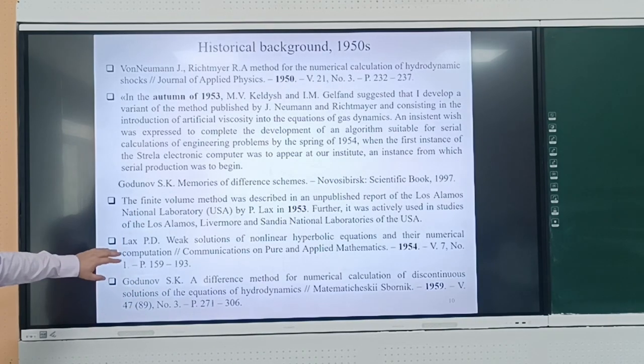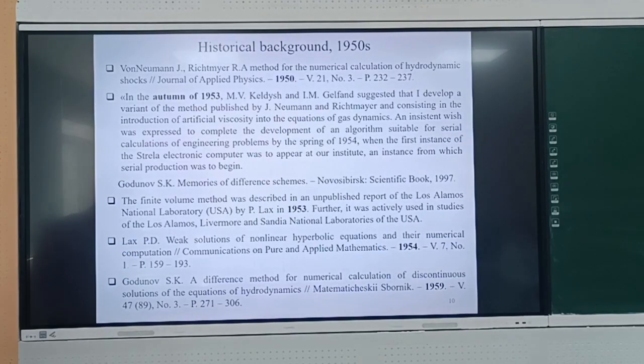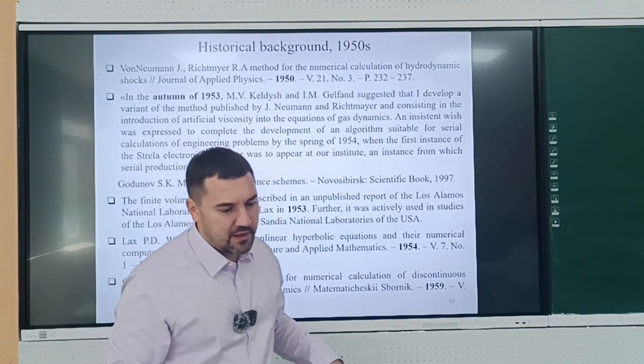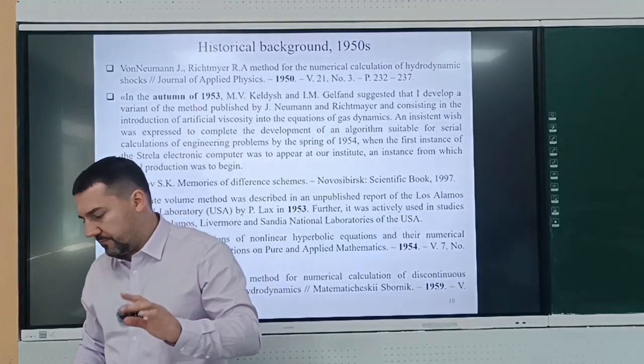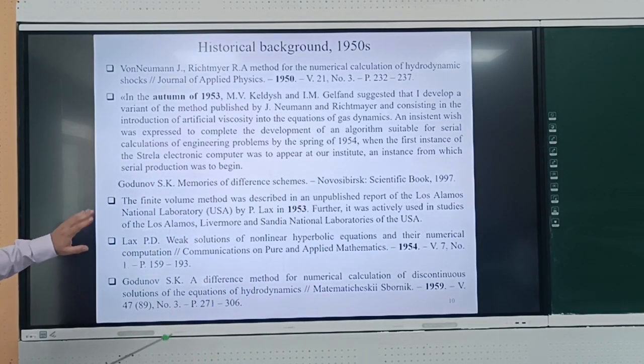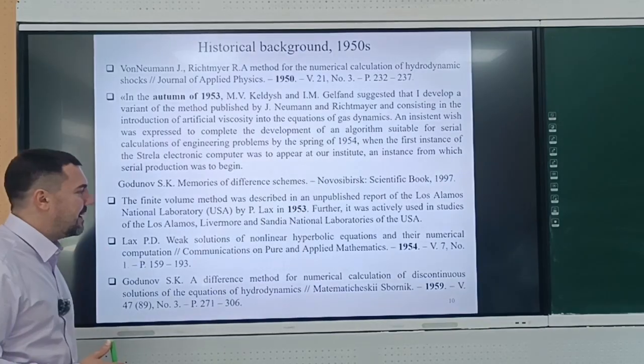This is the famous publication by Lax, weak solutions of nonlinear hyperbolic equations and their numerical computation. Only in 1959 was the paper of Godunov published, and for many years they did not know about each other, although for sure they tried to follow each other's papers. So it was a very interesting period in time.